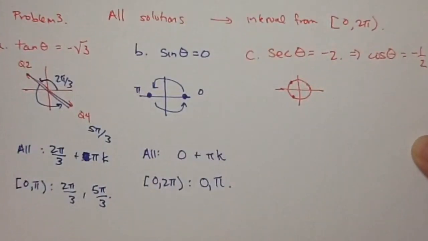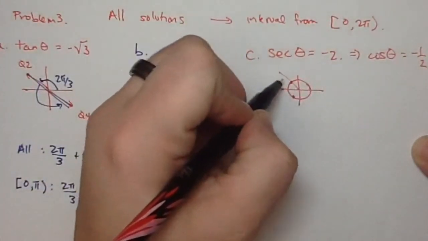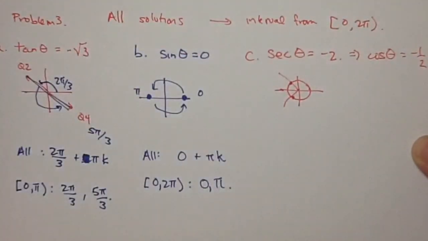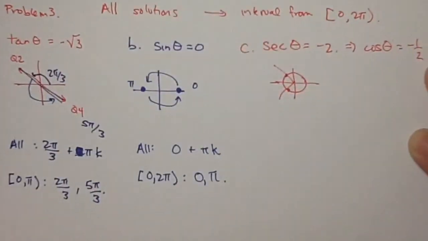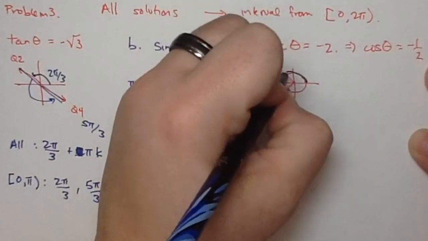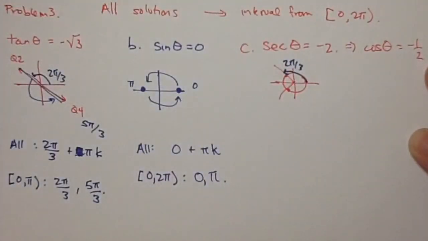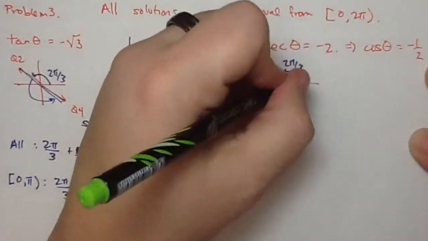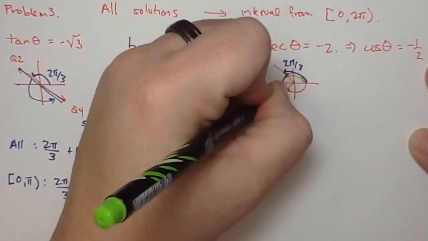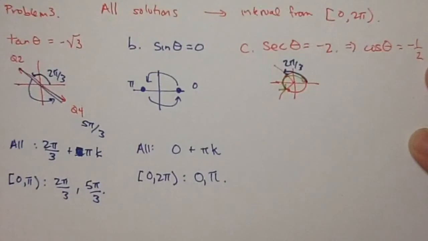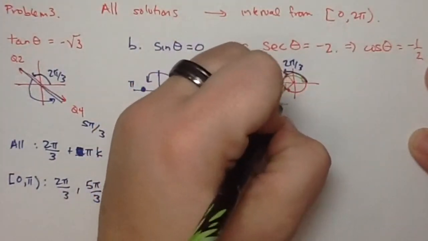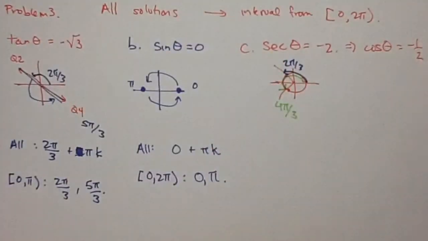Okay, so going back to what I know, this angle is 2 pi over 3, right? And then this angle to here is 4 pi over 3. This is why the unit circle is so important. So you just have to know it off the top of your head.